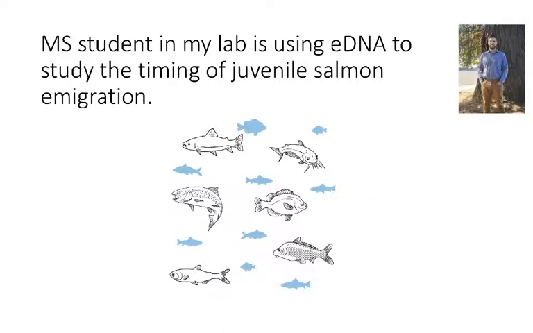So basically when those baby salmon are leaving the streams and going back to the ocean. So if he's interested in one particular species, which type of eDNA approach should he be taking? A species-specific approach with qPCR or a metabarcoding approach? What do you think?